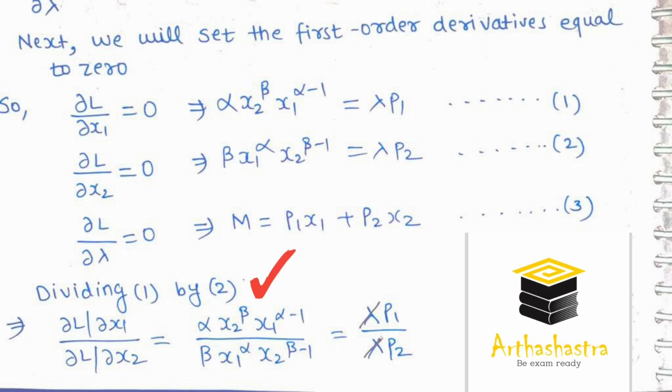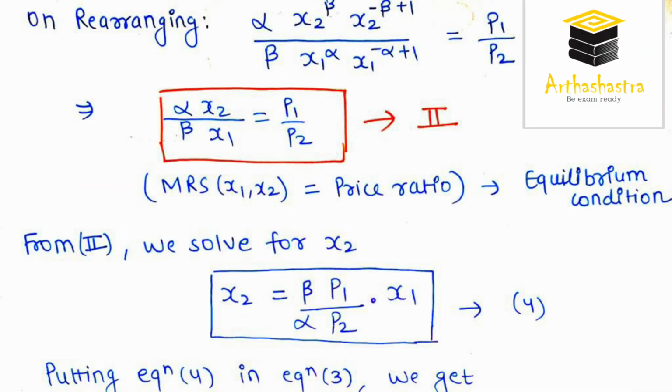We have del L by del x1 divided by del L by del x2 equals lambda x2 raised to the power beta x1 raised to the power alpha minus 1 divided by beta x1 raised to the power alpha x2 raised to the power beta minus 1 equals lambda times p1 divided by lambda times p2. So lambda cancels out. We are left with the expression on your screen.